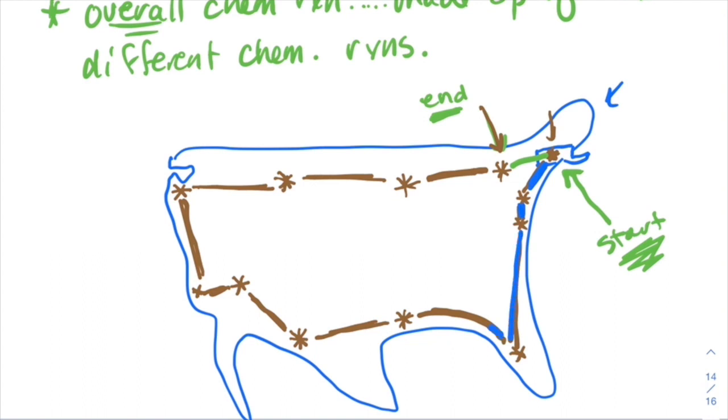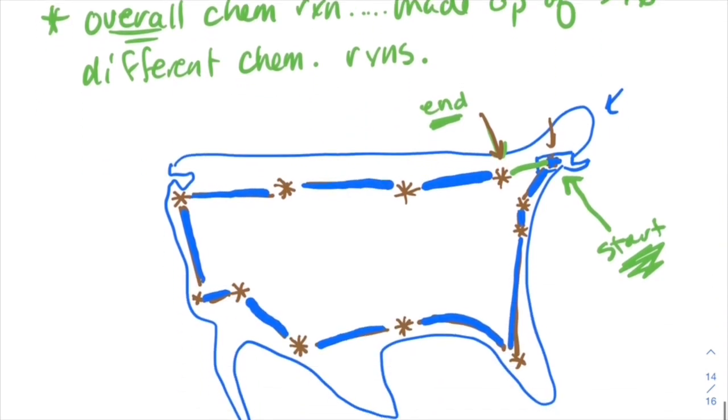And by taking the long way around, the cell starts with glucose over here, takes the long way around, does a whole bunch of individual chemical reactions, and because it took the long way around, the cell gets ATP out of it.